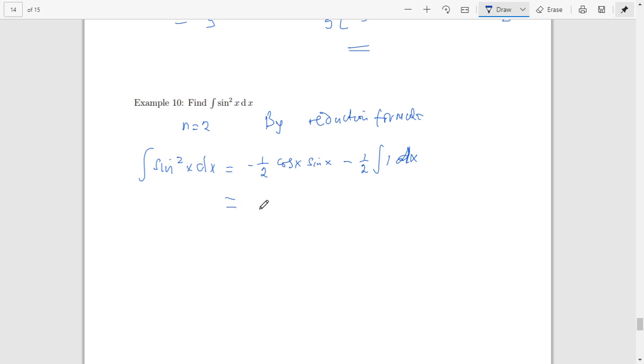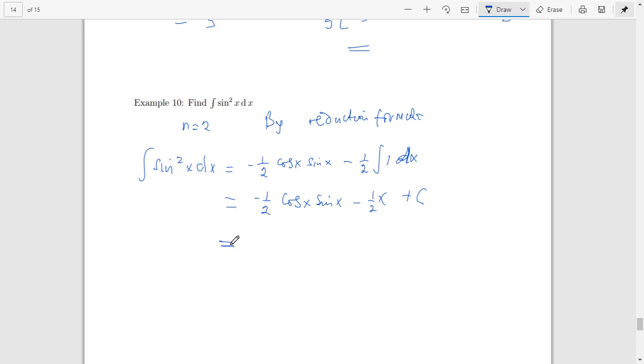And this would be the same thing as minus 1/2 cos x sine x minus 1/2 x plus c. Now, usually cos x sine x by the half angle formula is 1/2 sine 2x.